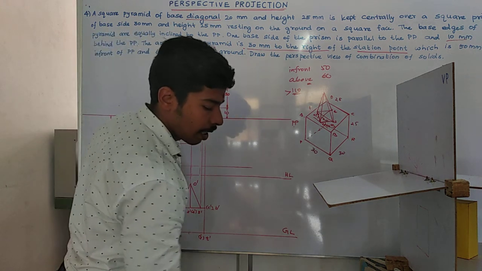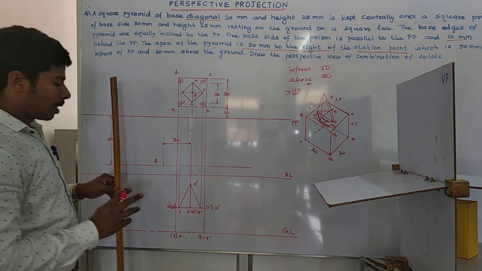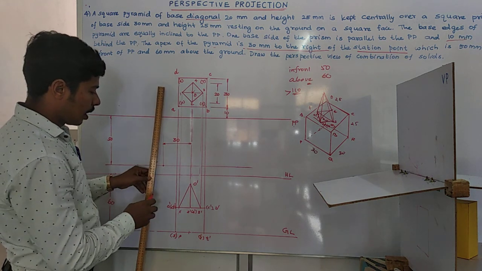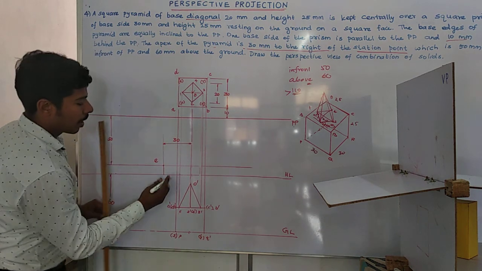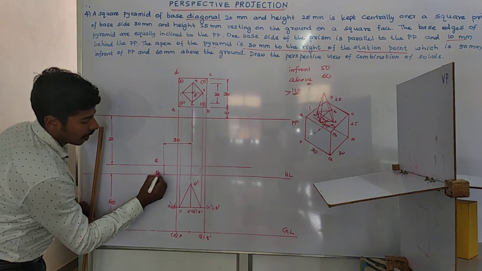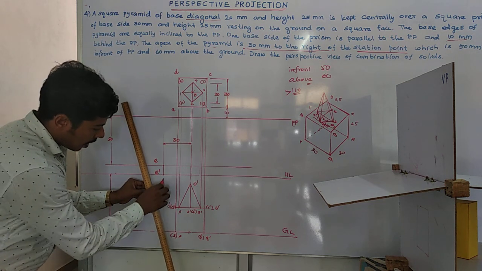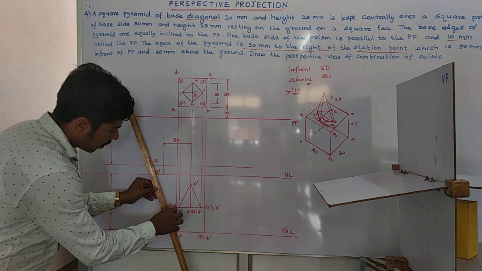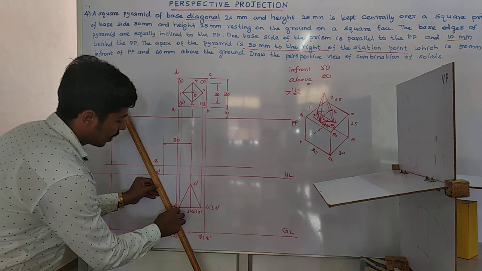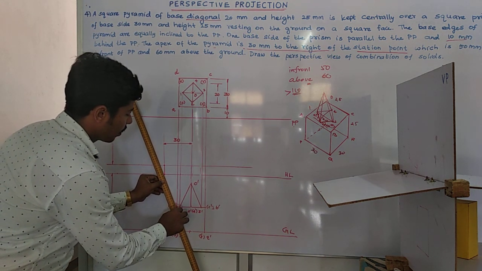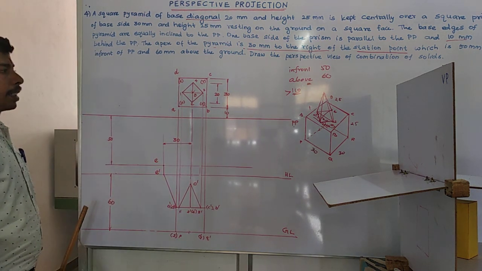Then this point is E, and this point is E dash. I draw E to AD.